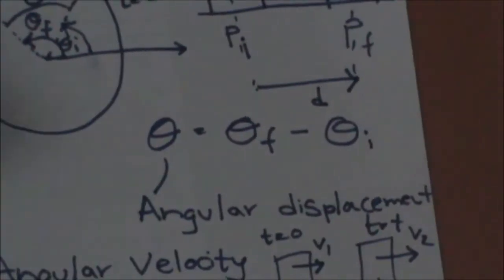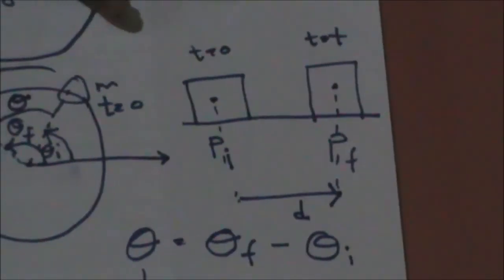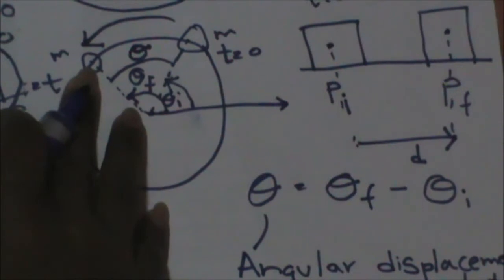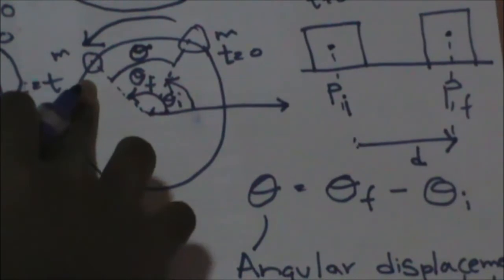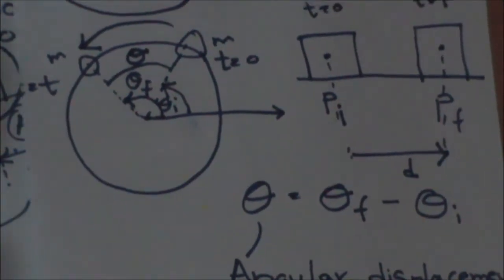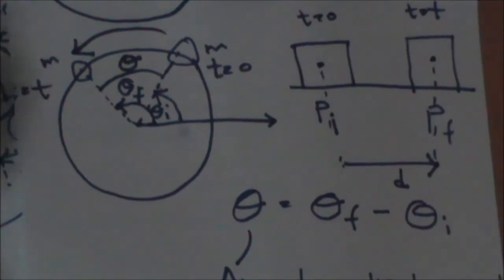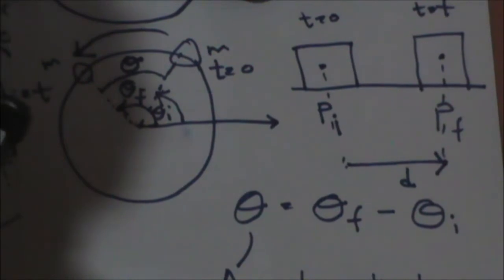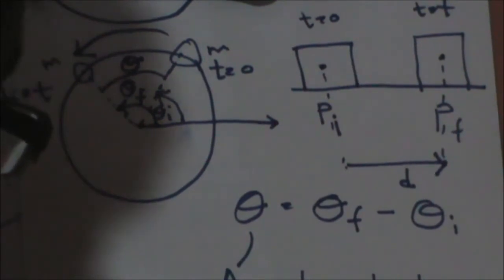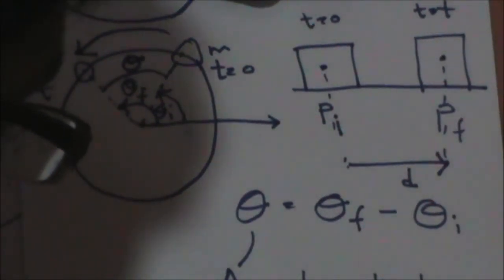Angular velocity is the same. If you take an object and go from this point to this point, the angular velocity is the difference between theta F minus theta I, divided by the time taken. So this is actually delta omega.